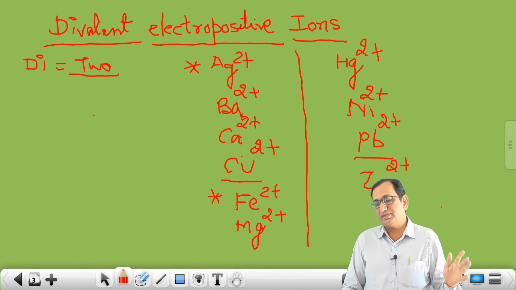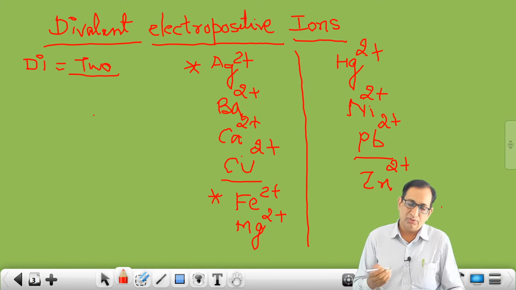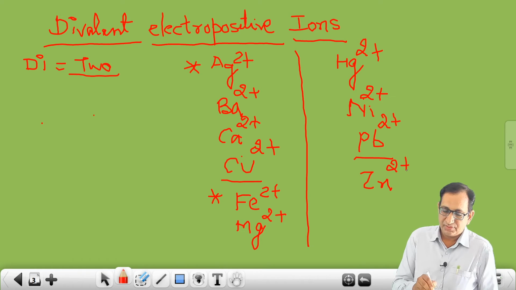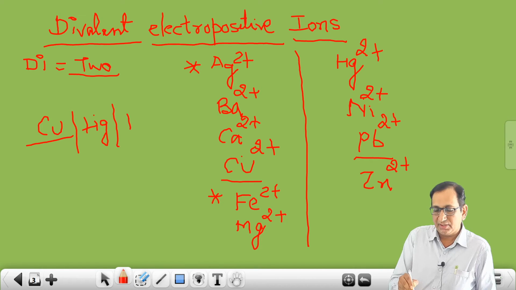And wherever variations are there, I have told you already. Copper has variations, mercury has variations in the valency, iron has variations, and silver also.